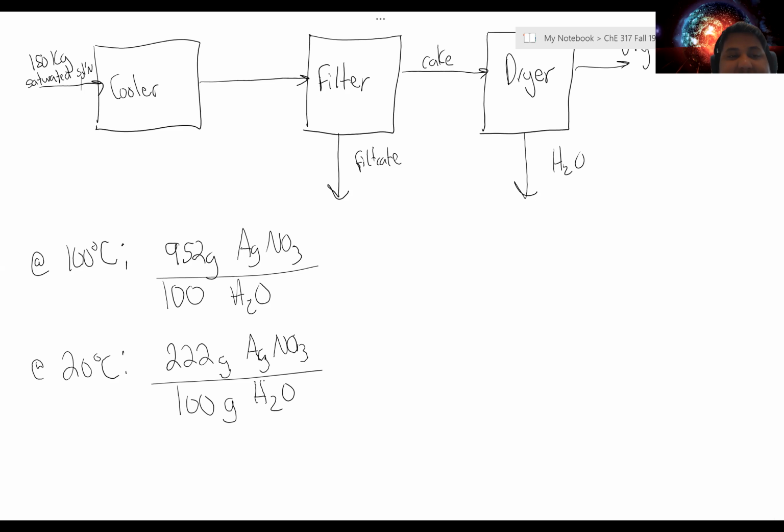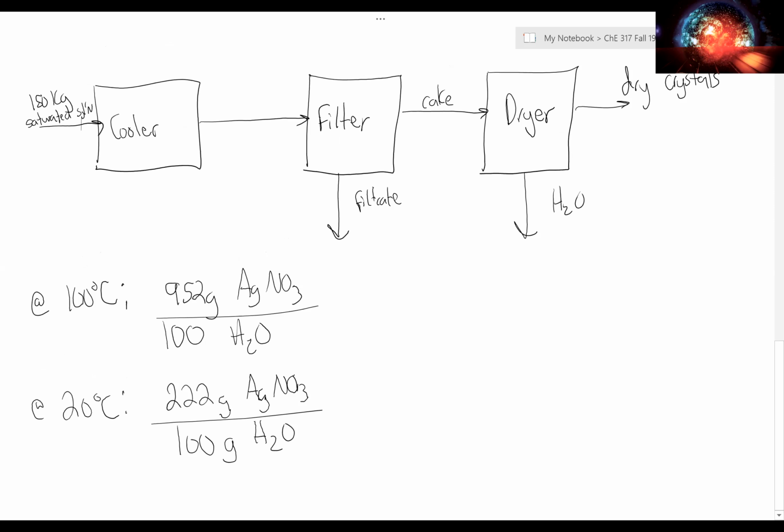So since I'm looking at these systems and I have saturated solution both entering and leaving that cooling, I'll call it a cooling crystallizer, I can estimate the weight fraction of silver nitrate and water knowing it's a saturated solution.